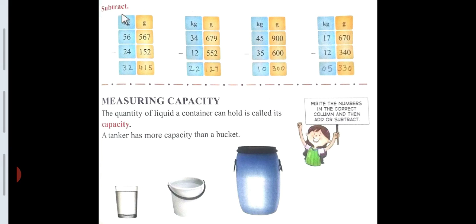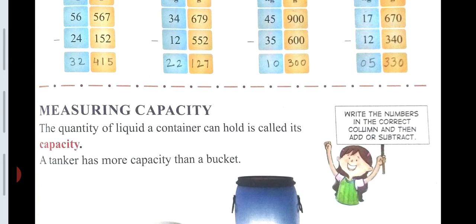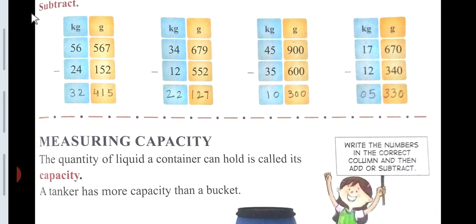Subtract means you have to deduct, minus. So this also I have done in your book. So you also try to do this in your books. I hope you understood. Under the kg you will write kg, grams you will write grams.